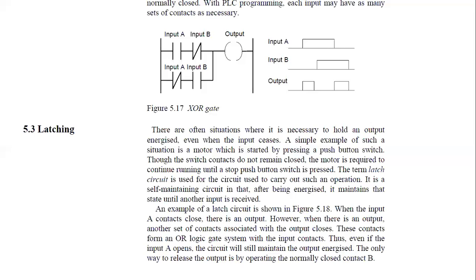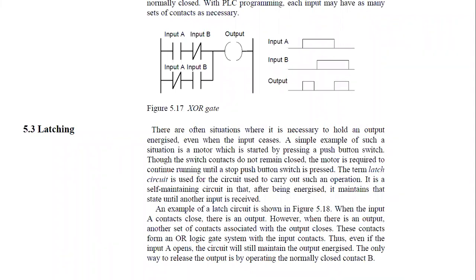The output condition, going with an example here, is that the motor is now running. It remains fixed until the switch button is pressed again.